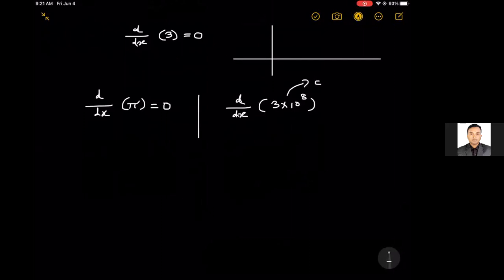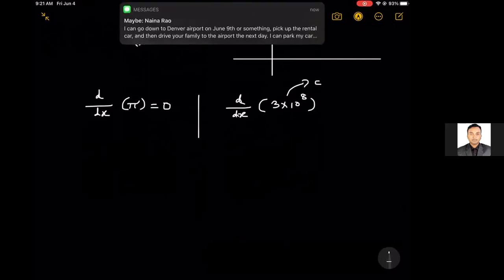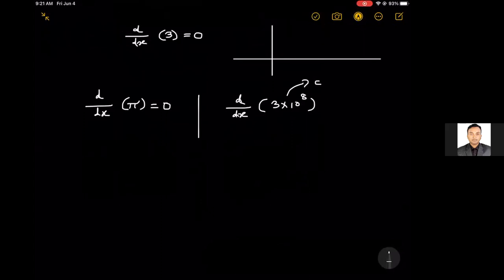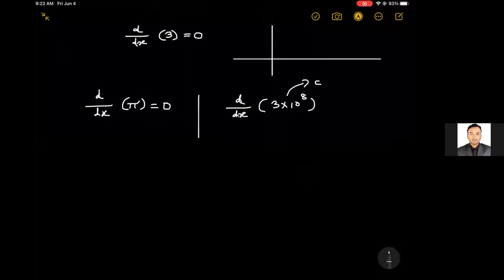The light has a constant speed in vacuum, of course. It's not really everywhere, because if it has any other obstacles, then the speed definitely gets decreased. But if you have a vacuum place, this light has a speed which is constant.